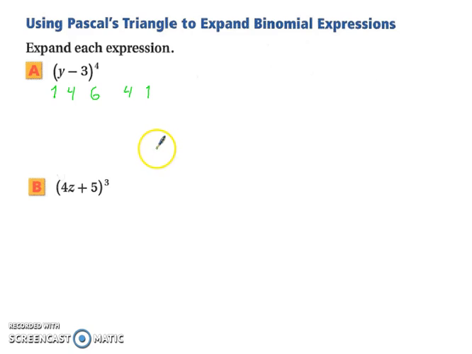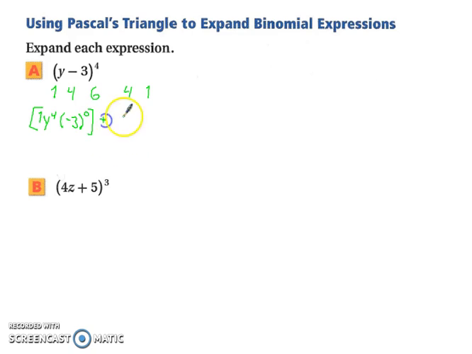And then we'll deal with our exponents as we go. So our first term is going to be 1 y to the fourth. And if you think about it, our second term is technically to the 0 power, if that helps. And I'll put that in a brace.